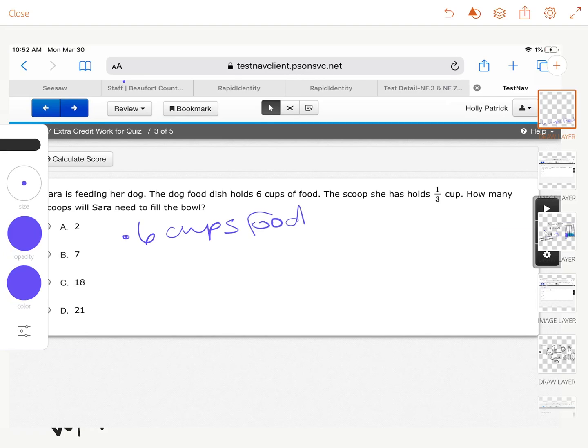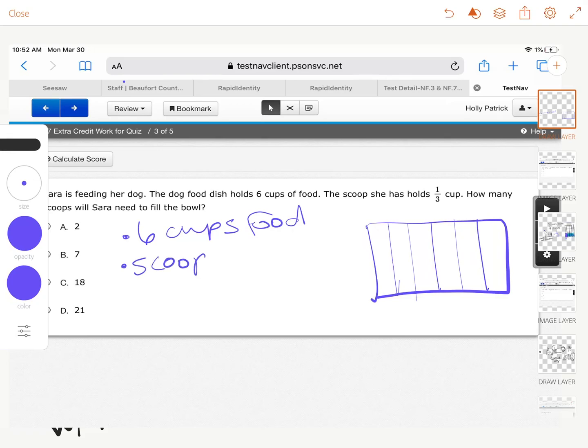Okay. So in my brain, I see this dog dish. And that dog dish is divided into 6 equal parts. Okay. The scoop she has holds 1/3 cup. How many scoops will Sarah need to fill the bowl?